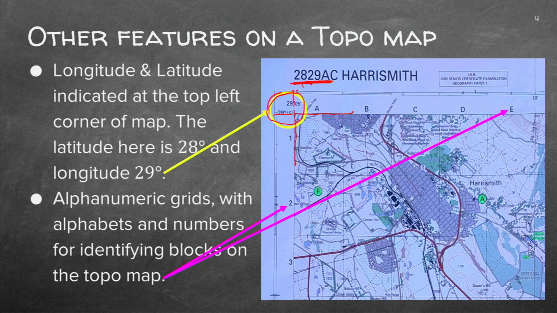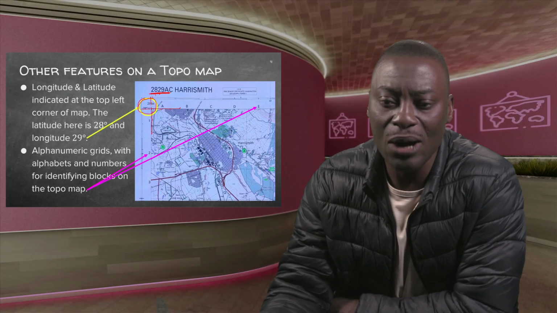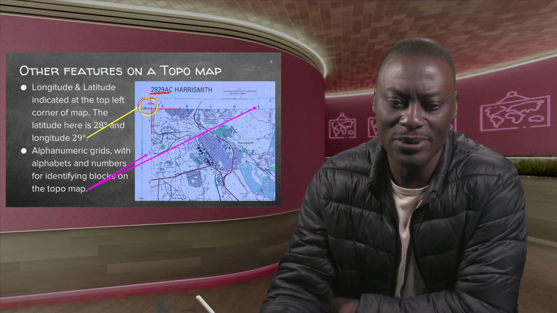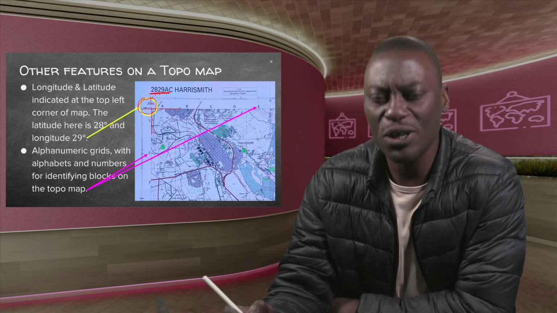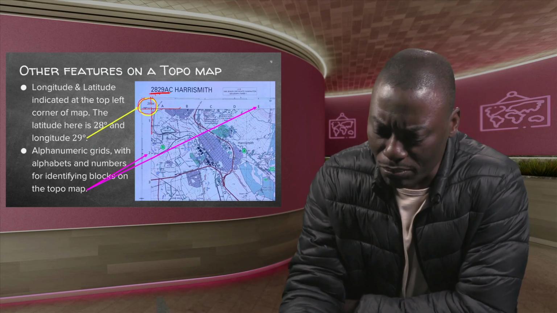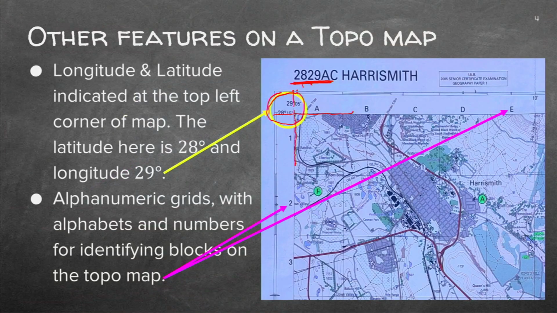I will explain the 2829AC and how that came about, or how that has been determined by the NGI. You also have on the map what we refer to as alphanumeric grids. On every topo map, for short, I will call topographic maps topo maps, you will see that on most topo maps, down this way along the longitude, every block has been given a number.